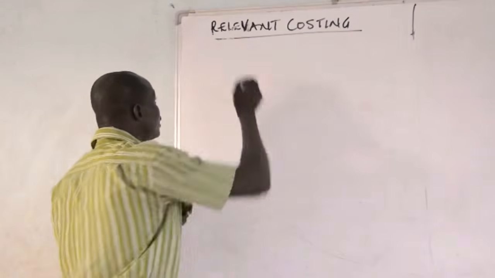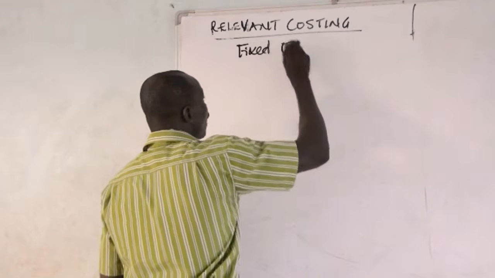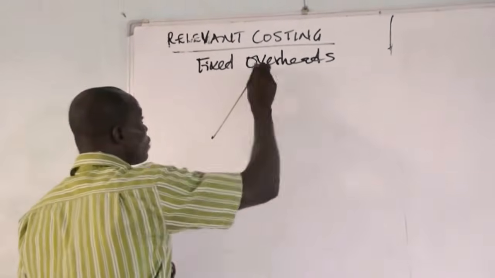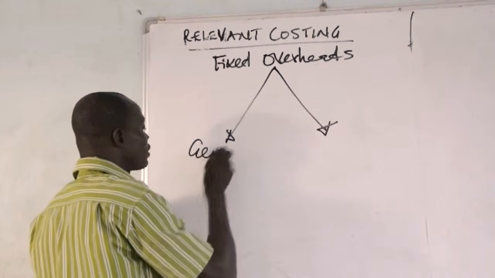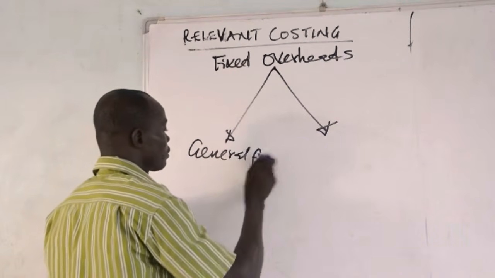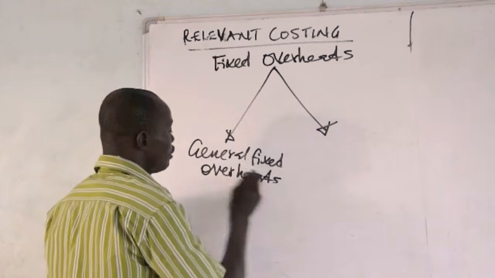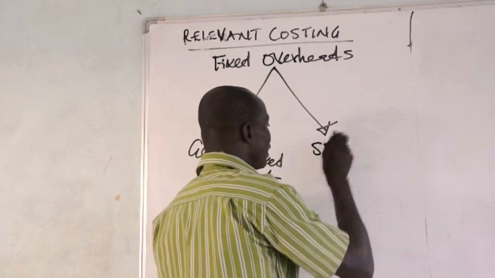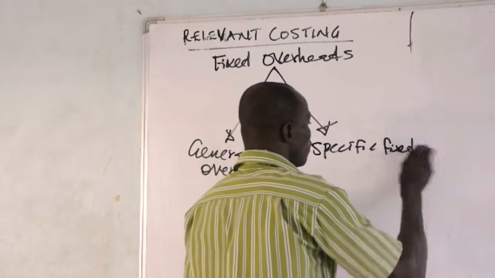So, fixed overheads. This one, we are going to categorize into two. We have the general fixed overheads and we have specific fixed overheads.